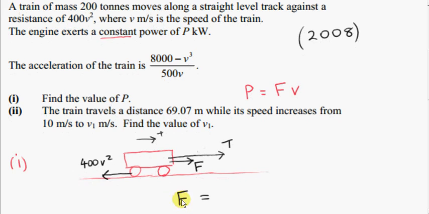Now we can apply Newton's second law. The magnitude of the resultant force F is the mass of the train, which is 200 tons, that's 200 times 1,000 kilograms, multiplied by the magnitude of the acceleration, which is this quantity here, 8,000 minus v cubed over 500 v.